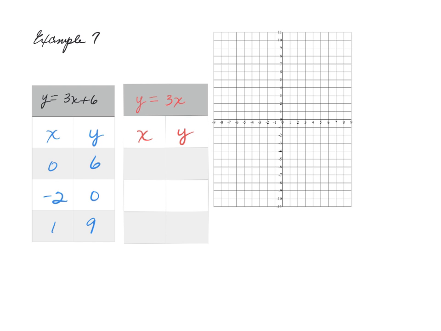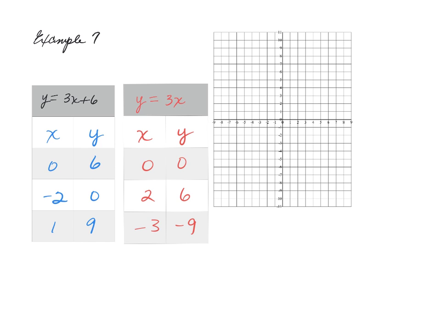Then for the other one, if x is 0, y is 0. If x is 2, y is 6. I'm just choosing numbers close to 0 so we can have enough room to graph it. If x is negative 3, y is negative 9.